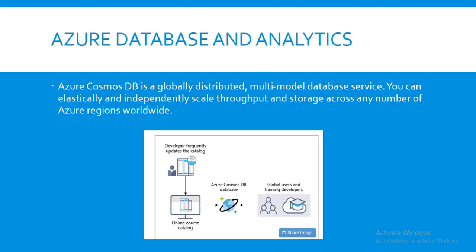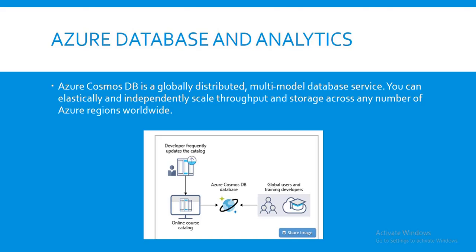Moving ahead, we have another widely used database, which is called Cosmos DB. Cosmos DB is a globally distributed, multi-model database service. Especially if you come from the gaming industry or high performance applications where a lot of responsiveness is needed, the solution you can recommend is Cosmos DB.